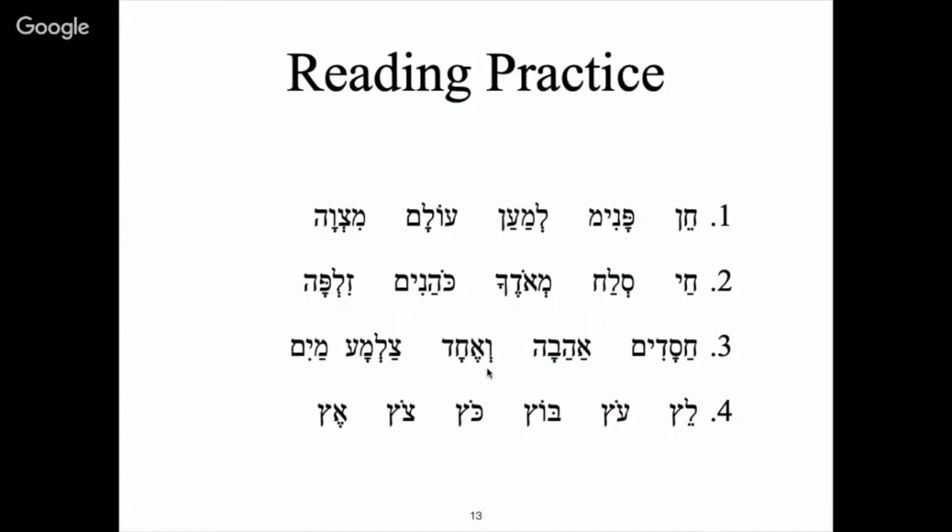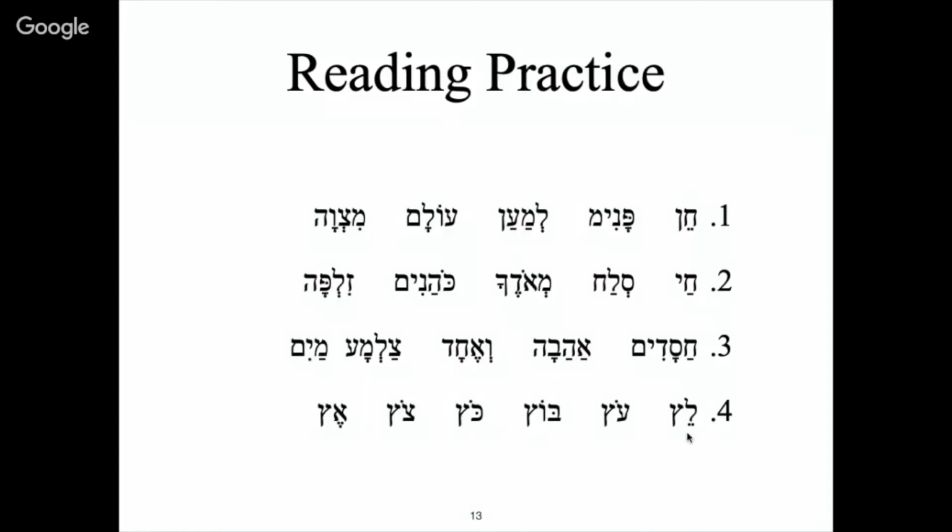Ahava. Ve'echad. Zolma. And Mayim. And again, this is the Patak and Yod combination that we just learned.